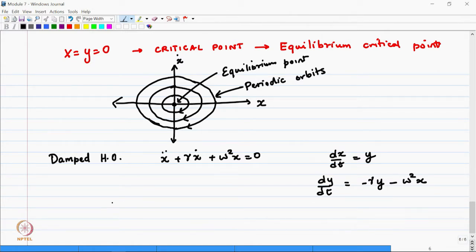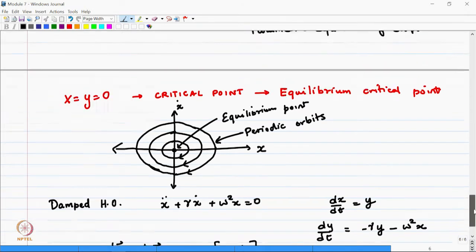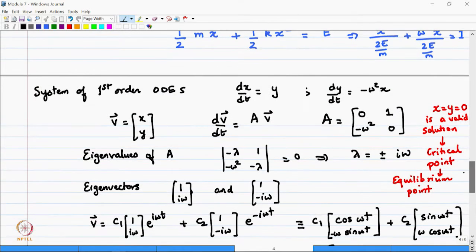So, I can write dV by dt is equal to AV, where A is equal to [0, 1; minus omega square, minus gamma]. The only difference from the previous solution is that you have a minus gamma here.